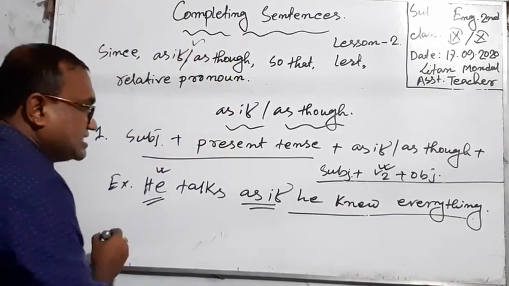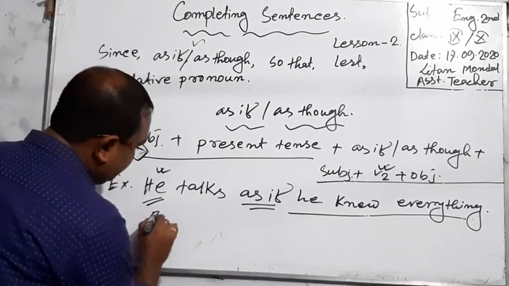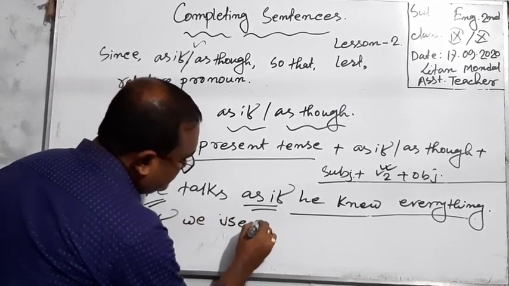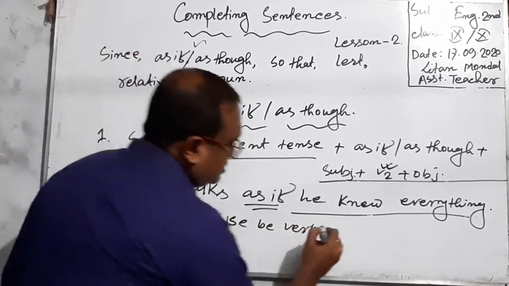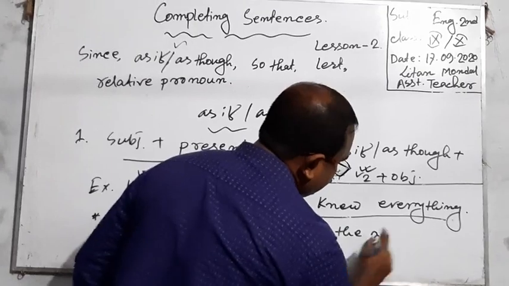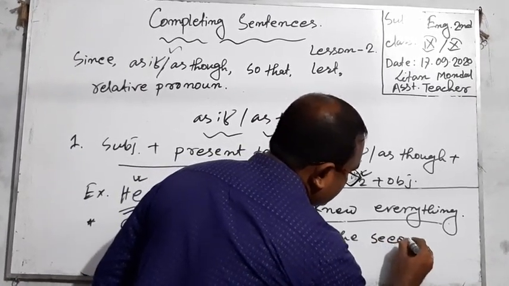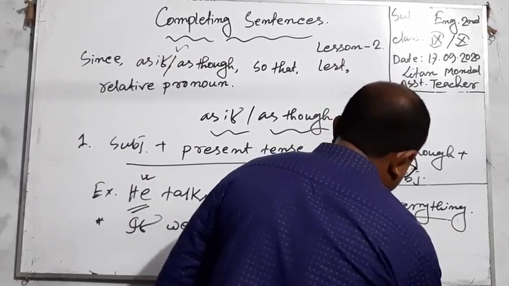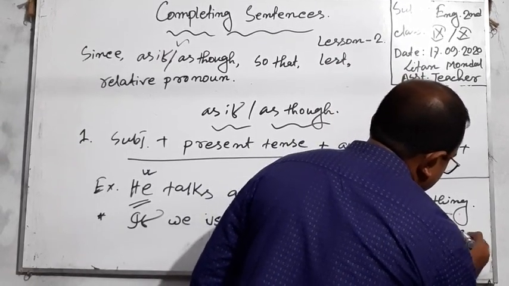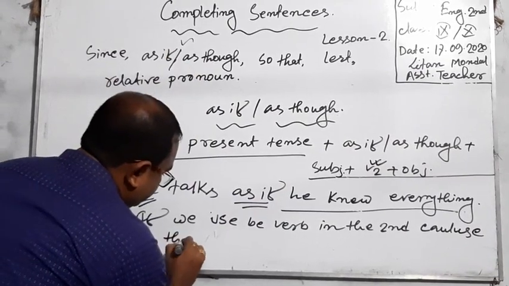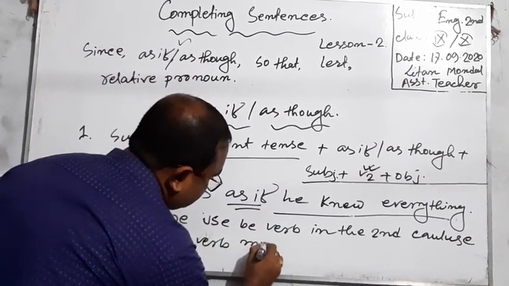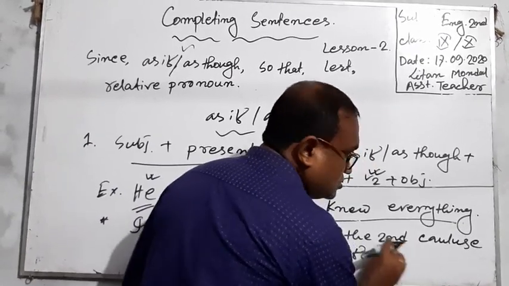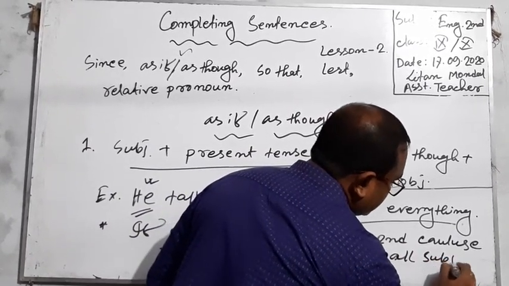Here I would like to give you a very interesting thing: if we use a be verb in the second clause, the verb must be were for all subjects.